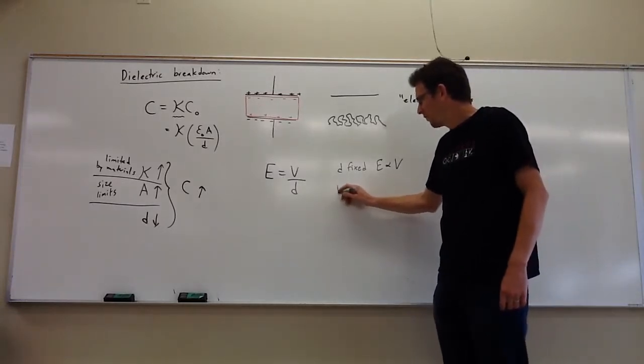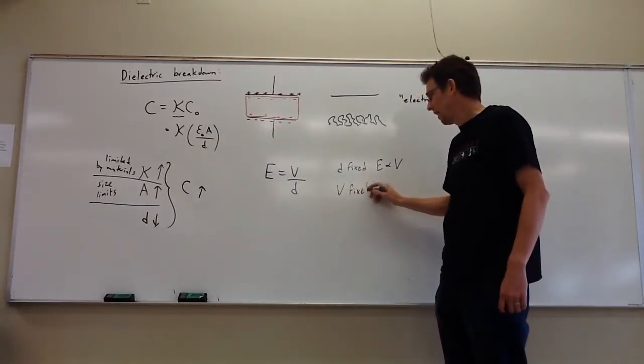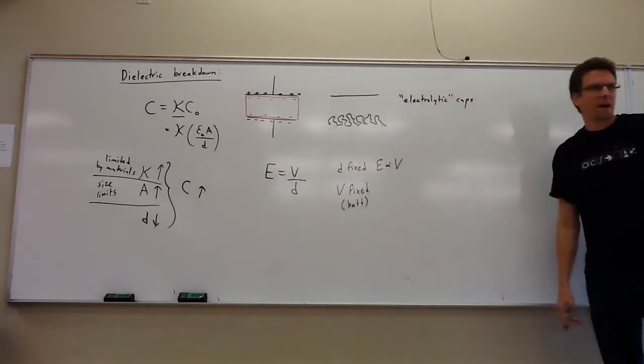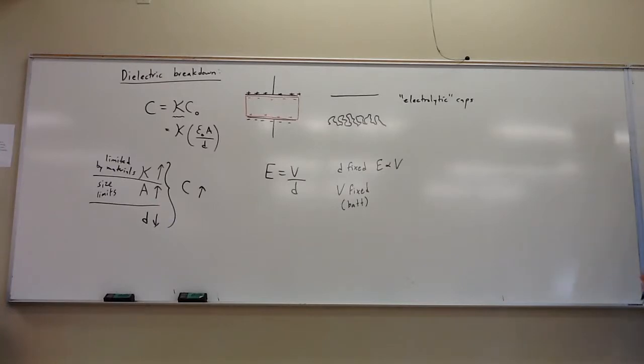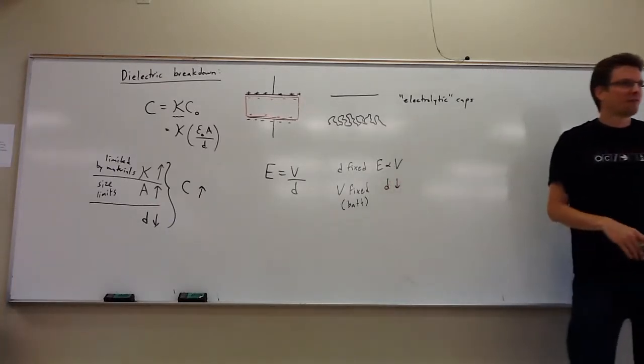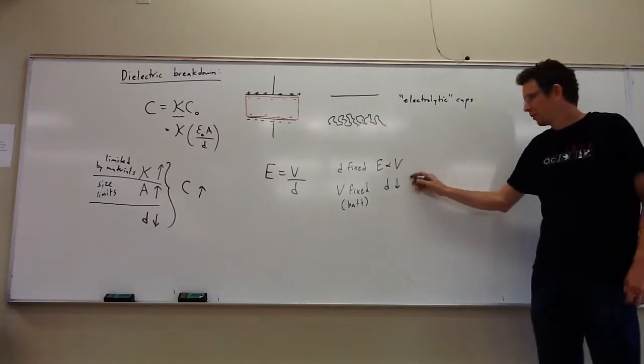So let's say we have V fixed, for instance, V across the capacitor is fixed by a battery, right? But if we decrease D, what's going to happen to the electric field? It's going to increase.